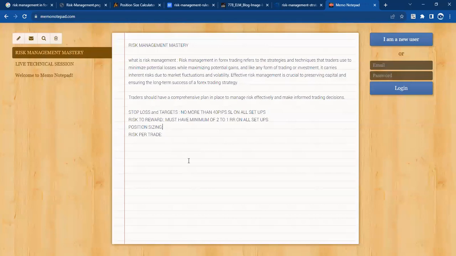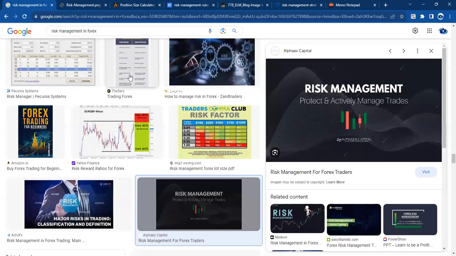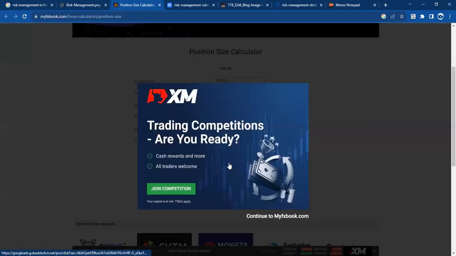So to make it very simple for you, there are a lot of position size or lot size calculators on the internet. So I'm going to use this one here by MyFXBook. And you can use it to set your positions for your trades. So you may go on MyFXBook and you will find this position size calculator.